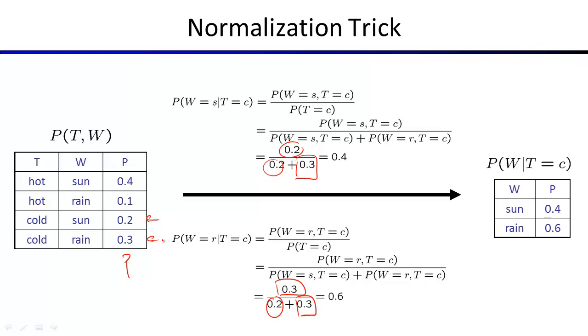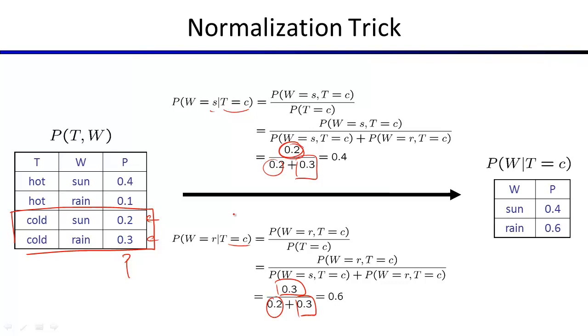Why is that? What's going on here? Well, we are conditioning on the temperature being cold, which means the only entries we'll ever consider are the entries down here, where temperature is cold. And then the pattern in which we consider them is actually quite straightforward. If we're interested in weather equals sunny, then the 0.2 will pop up for the sunny.